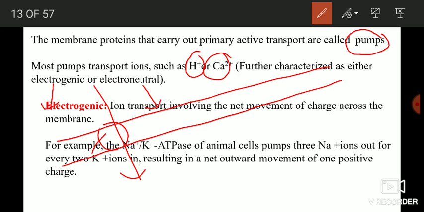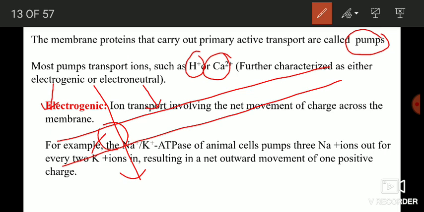So what are electrogenic ion pumps? Those pumps which involve the net movement of charge across the membrane are known as electrogenic ion pumps. Those ion pumps which move ions in such a way that they lead to net movement of charge across the membranes.